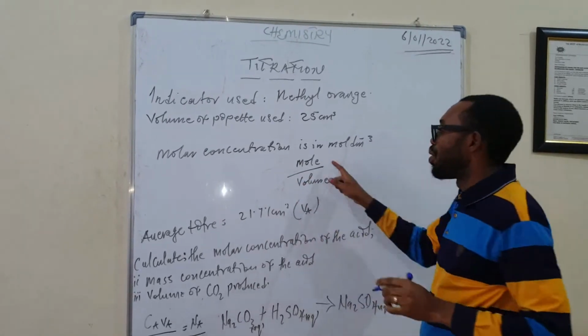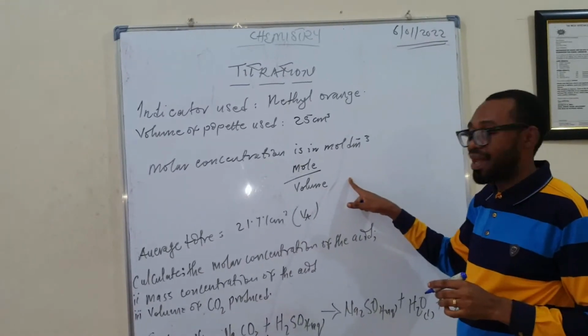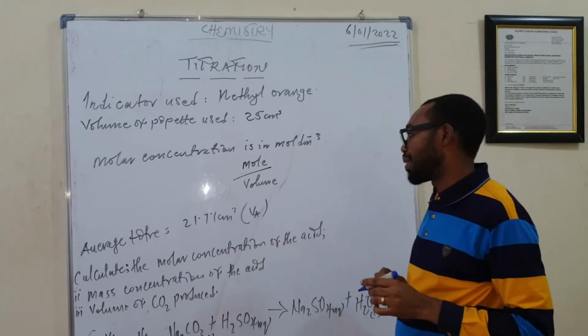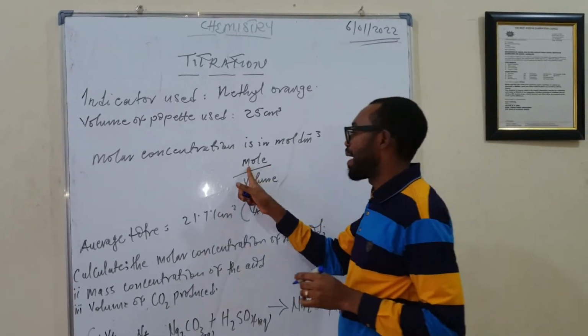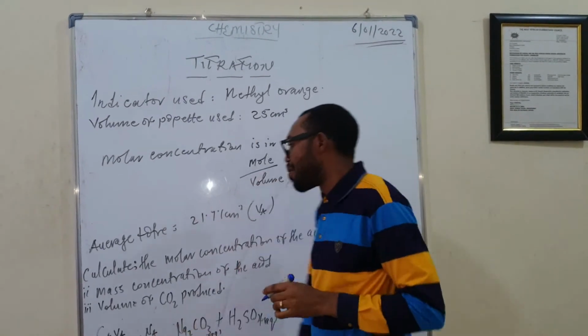If you have mole over volume, you'll have mole per dm cube as your answer, which is molar concentration.